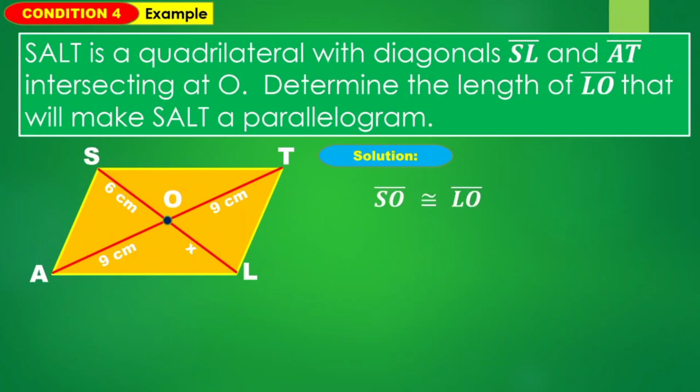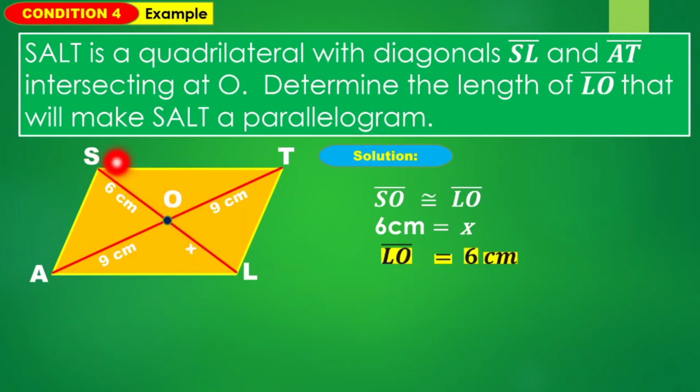For our solution, knowing that segment SL is being bisected, segment SO is congruent to segment LO. So we will now substitute. SO is 6 cm while LO is X. Therefore, segment LO is 6 cm as well.